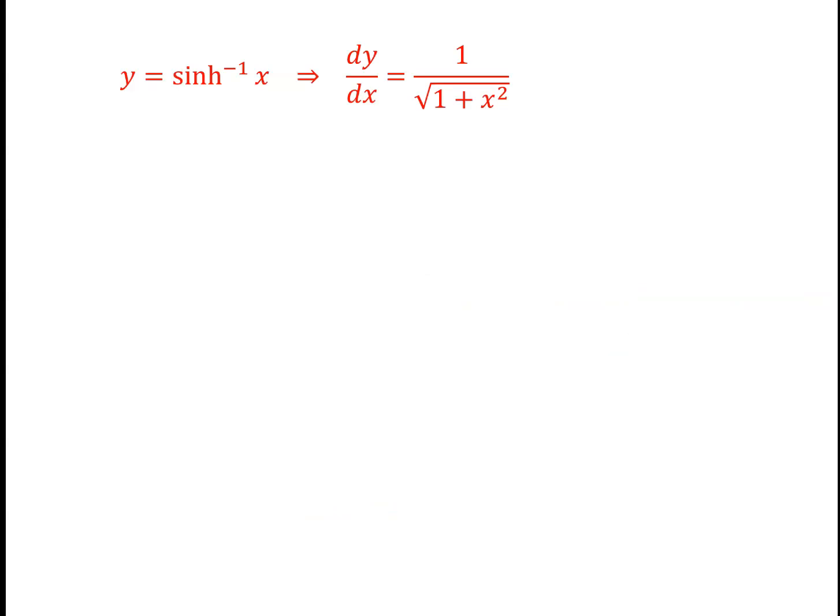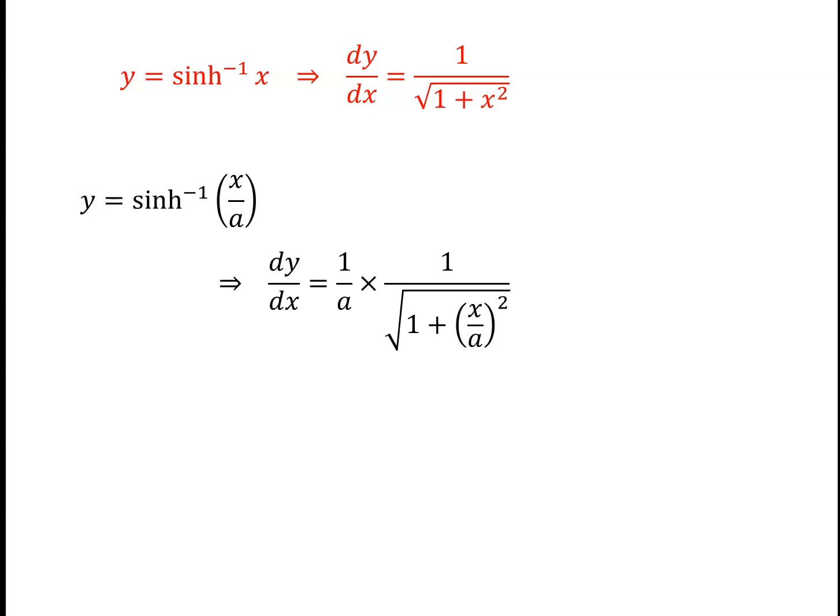So looking at this result here, if we've got y equals sinh to the minus 1 of x over a, then using the chain rule, we can say that dy by dx is going to be 1 over a times by 1 over the root of 1 plus x over a all squared.